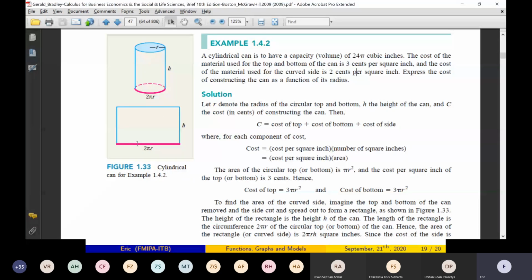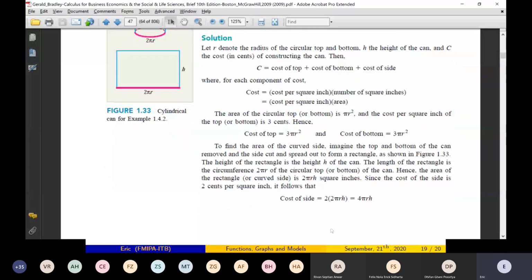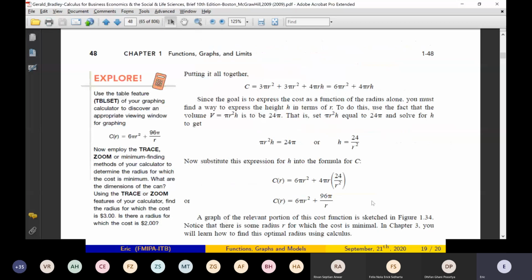The length times the width, 2 pi R times h. The cost is 2 cents, so the cost times the area is 2 times 2 pi R h. Putting it all together, C is the cost for top, bottom, and the side.